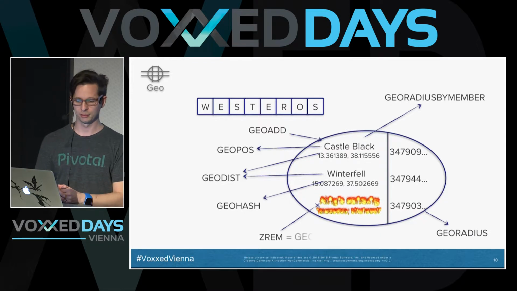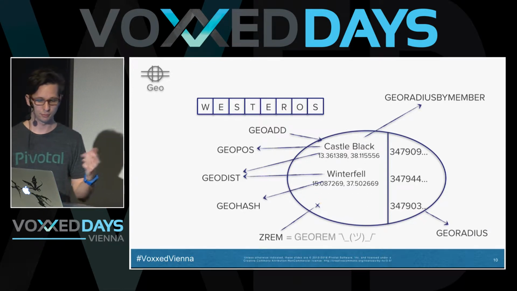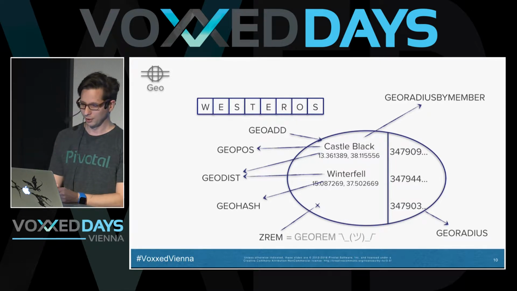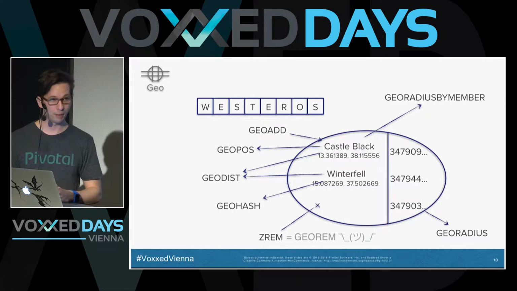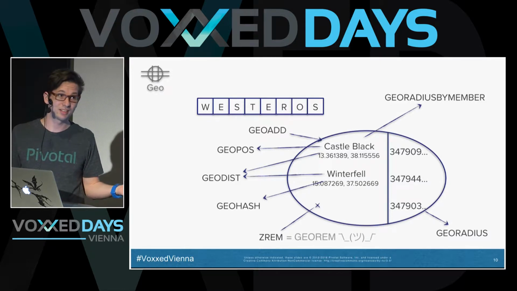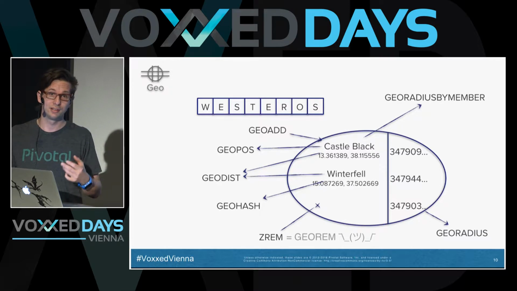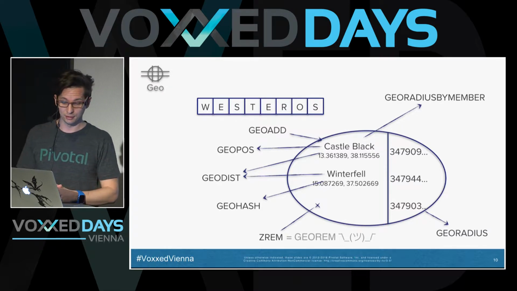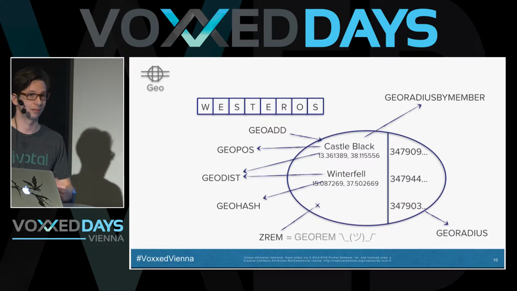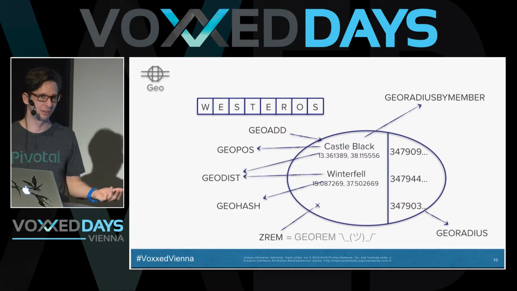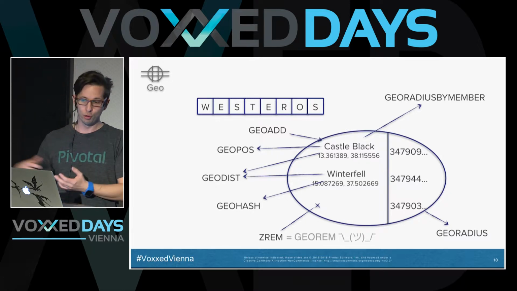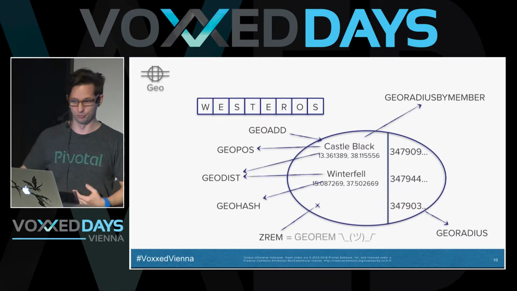And of course you can remove stuff from the sorted set. In this case King's Landing was pretty much destroyed, so you can use zrem to just remove it. Zrem, because we are reusing the sorted set, and Salvatore didn't want to add a new command that isn't obviously necessary, so it's zrem, which is more or less a geolocation remove.